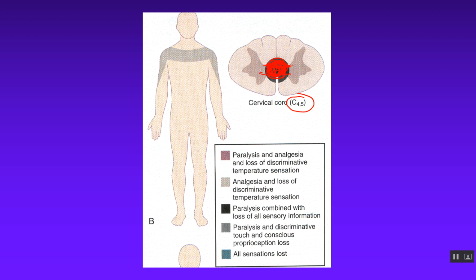So what's going to happen here, you'll notice, is this is at C4 and C5. So these are your dermatomal regions at C4 and C5. This is called a cape-like presentation. And this is a clear indicator of a central spinal lesion.